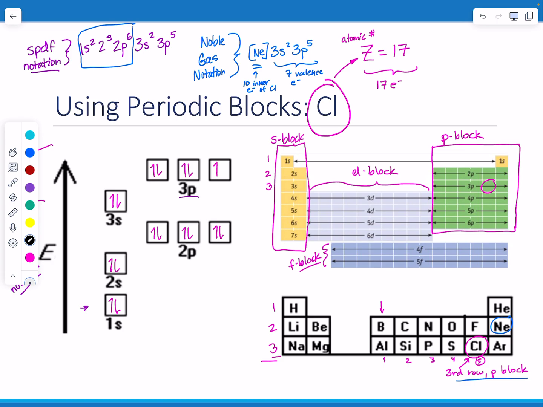So we're using that, and then you're just going to write the highest n number of electrons. Yeah.